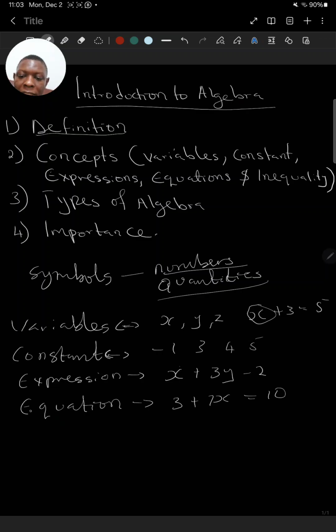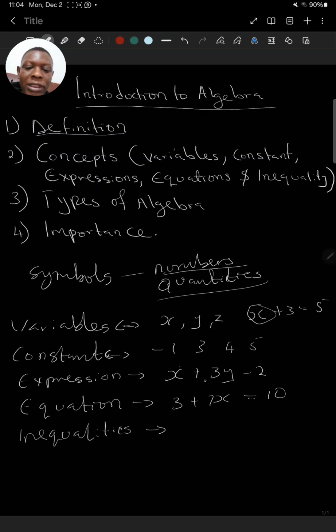Now, another concept that is so important in algebra is inequalities. What are inequalities? An inequality is a mathematical statement that shows that one side of an expression is greater than the other side, or less than the other side, or less than or equal to the other side.